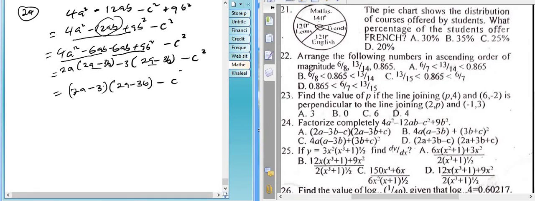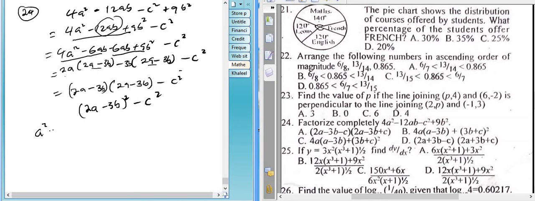Here we have 2a − 3b twice, so we can write it as a square: (2a − 3b)² − c². This is a difference of two squares.